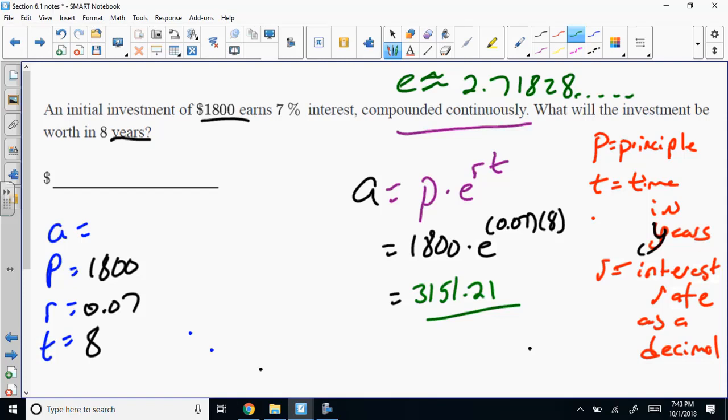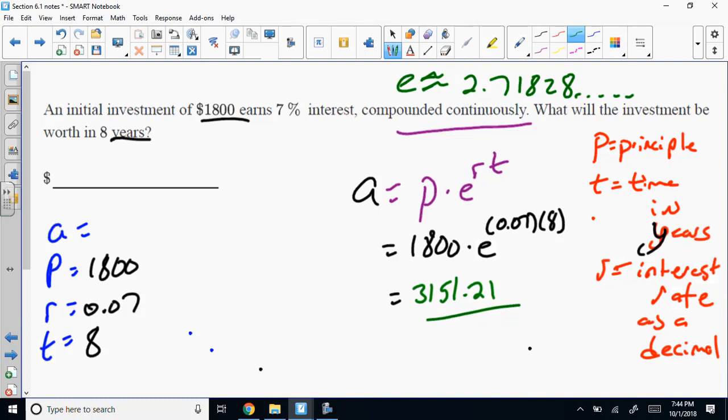Any questions? You good? Second LN. Yeah, it's in your LN button. You got to go to E. Make sure you put parentheses if it's not written up in the exponent.